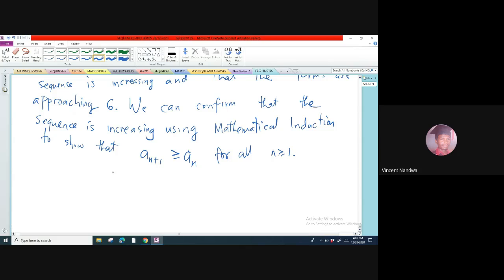This is from the definition of increasing. So when n equals 1, we have A2, which is 4, greater than A1.